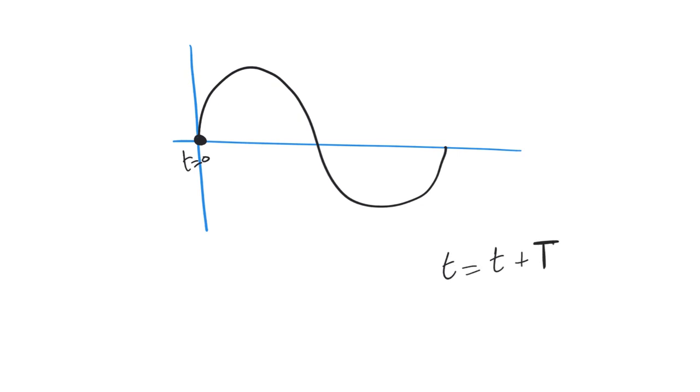I mean, after a period of time, the particle must return to the same point. For example, here the particle will return to the same point. So the time here is equal to t plus capital T, and here the t is 0. So 0 plus T is equal to T. So the time here is T.